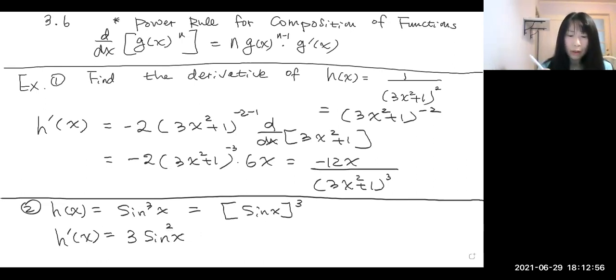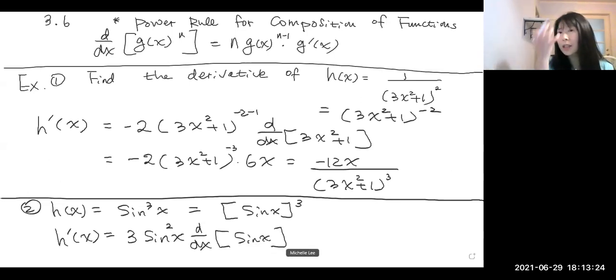Now, where's the x? It's with the sine, inside. So we cannot just say x because x is by itself, right? So we take the derivative of sine x, because we just did only the power rule.